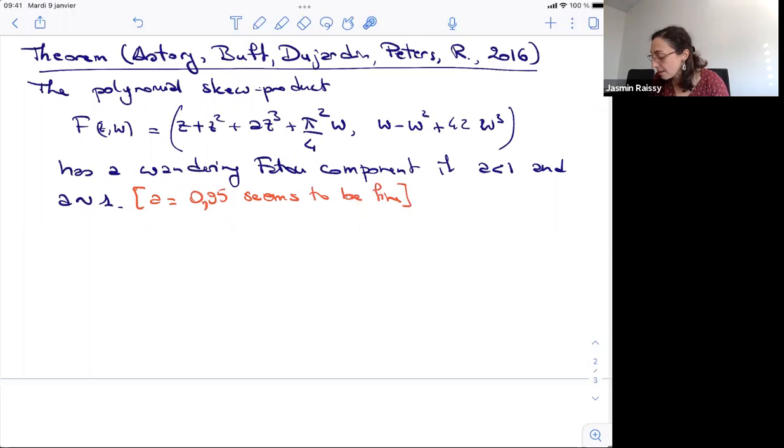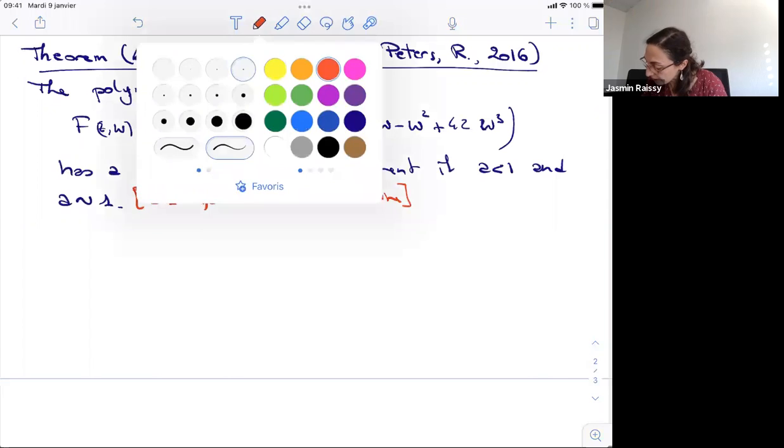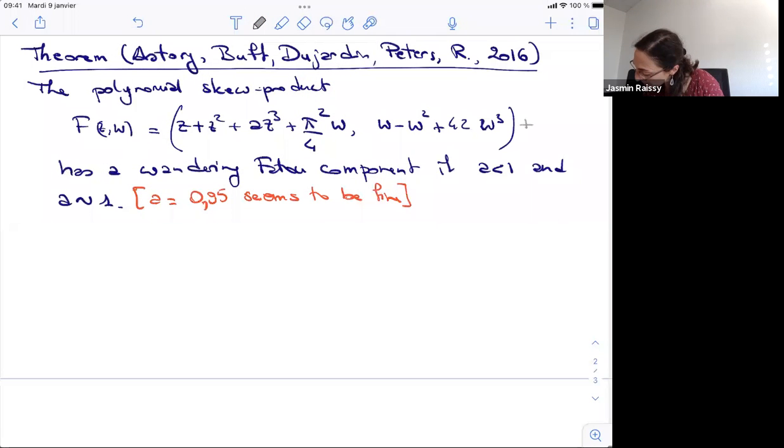Let me put it in gray so it's not so visible, but you can add in the first coordinate any big O of z to the 4, and in the second coordinate a big O of w to the 4. You can do it, and this will not change a single thing.